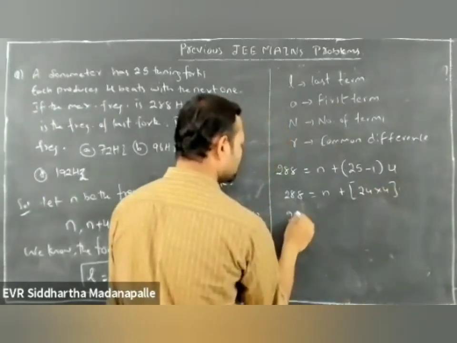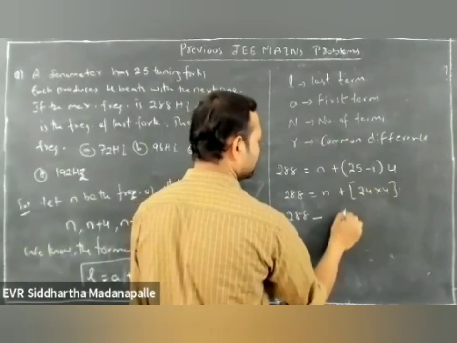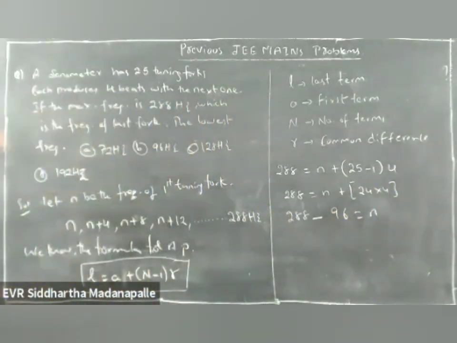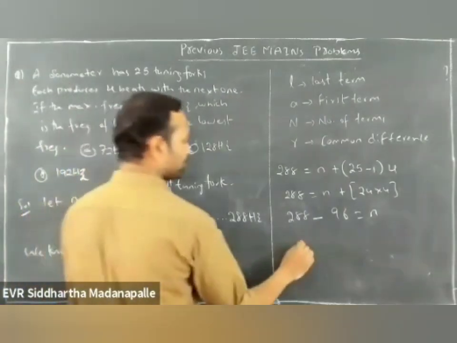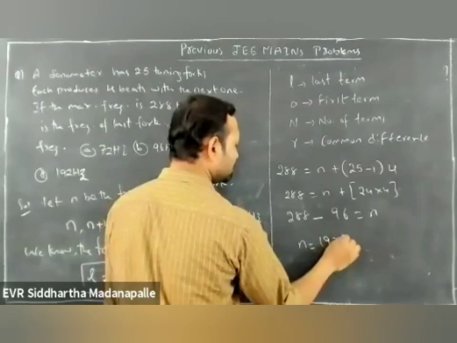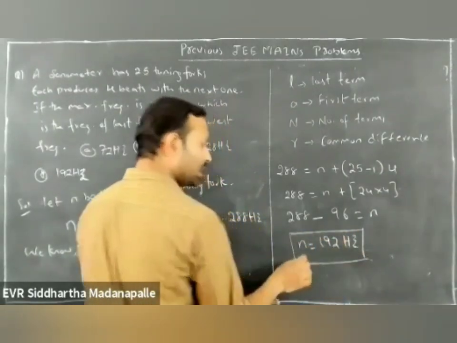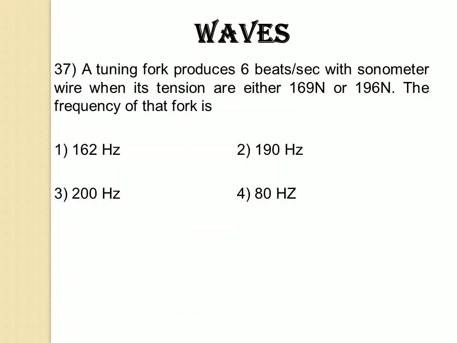So 288 minus 96 is equal to n, which is 192 Hz. So this is the minimum frequency of the tuning fork.